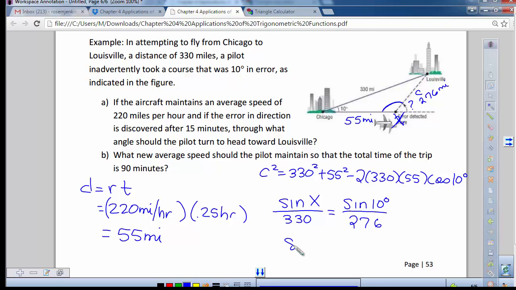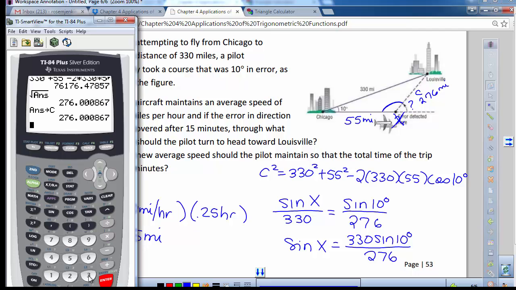Or sine X equals 330 sine 10 degrees over 276. Okay, 330 times sine 10 degrees divided by 276. I've got an extra 3 again.